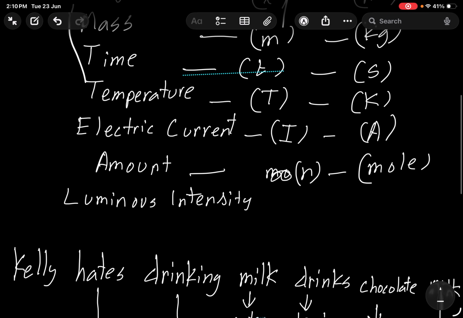For luminous intensity, this is the one you're going to need least. We represent this by I_v or I, and the unit is candela, represented by cd.